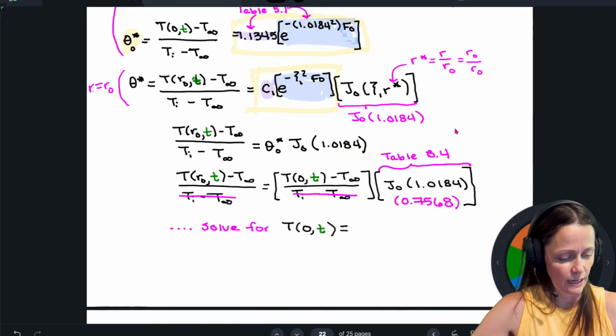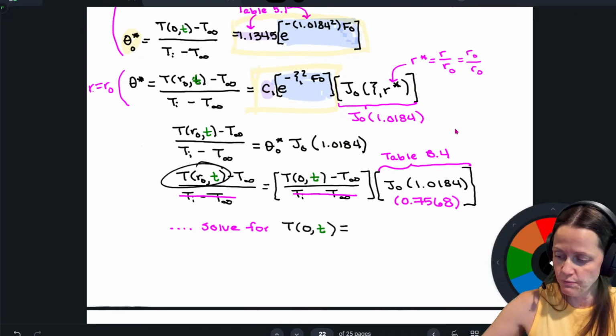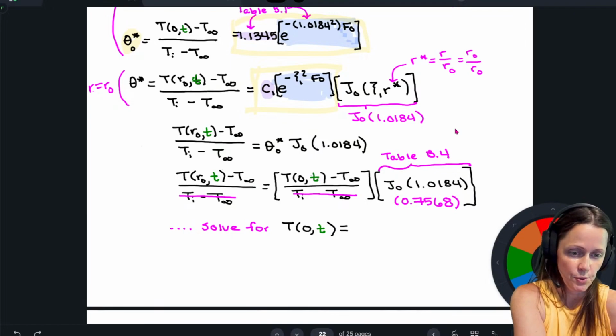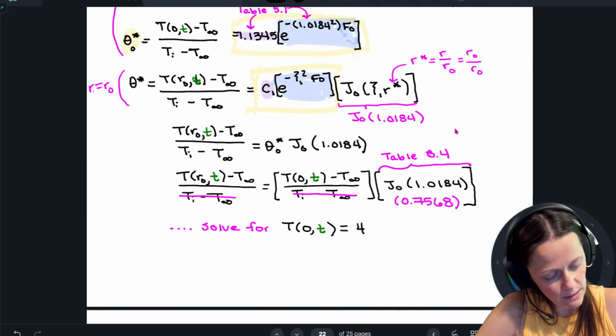And I've got everything, right? I've got T infinity. This guy is 500 Kelvin. So I end up getting 486 Kelvin.